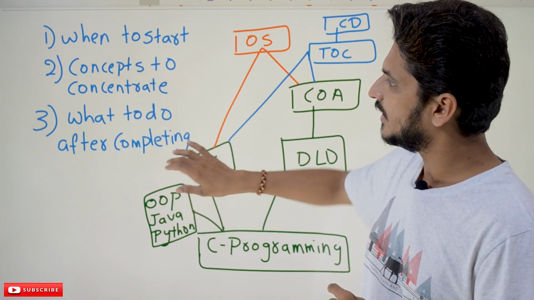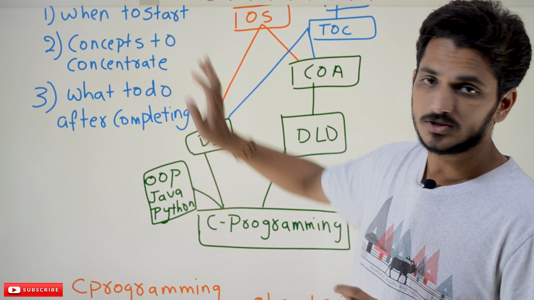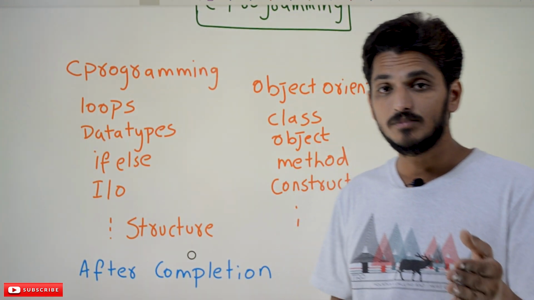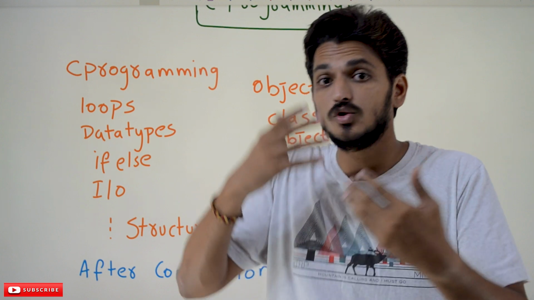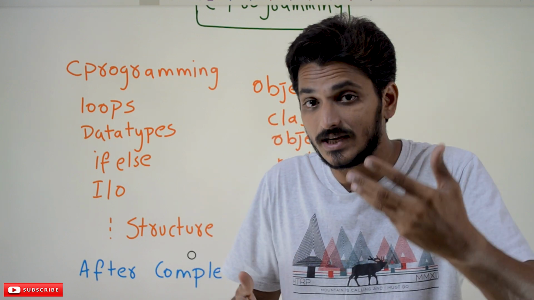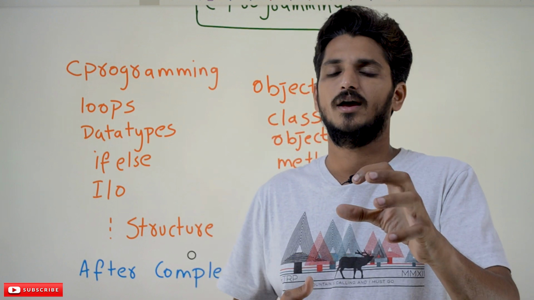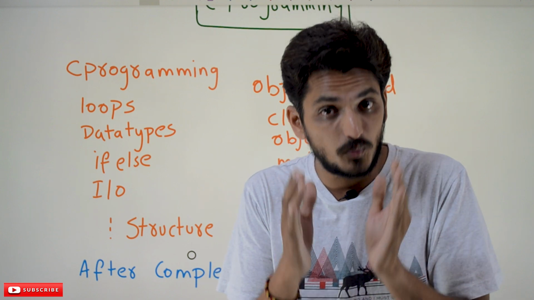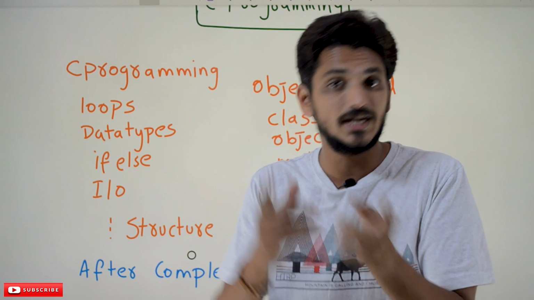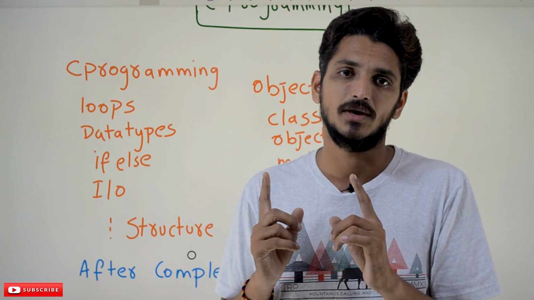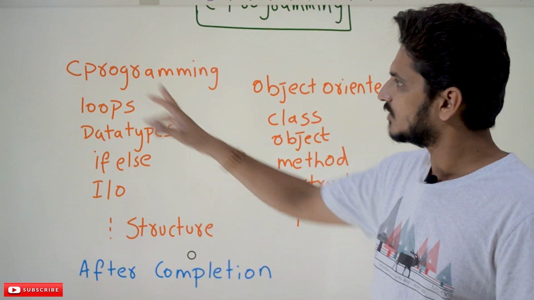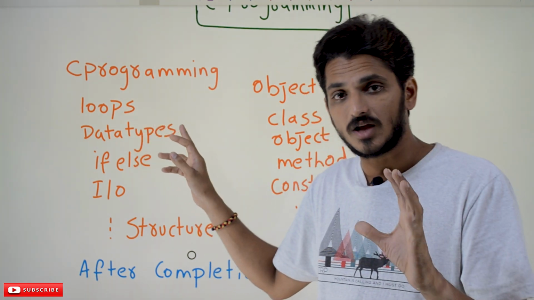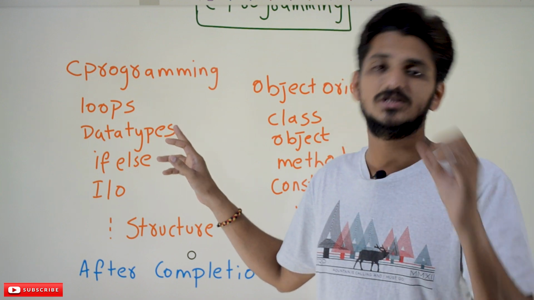Coming to the second point, what are the concepts to concentrate on? If you study C programming at Learning Monkey, whatever memory visualization and graphical understanding we provided for coding in C programming is very important. That helps you a lot in understanding object-oriented programming. In any object-oriented programming language, 60% of the subject you will get from C programming.